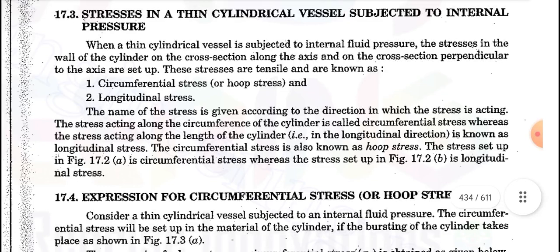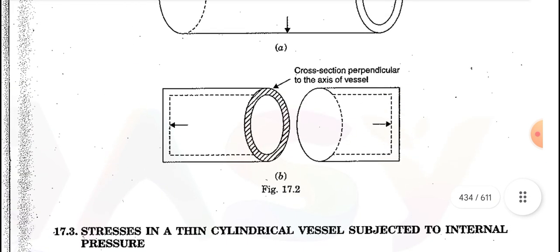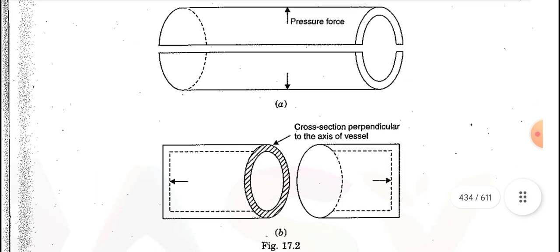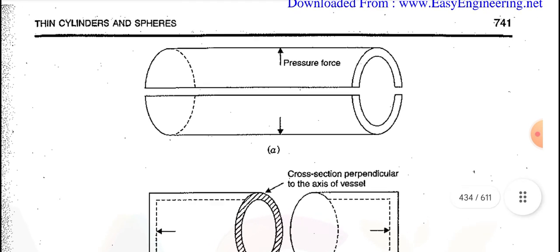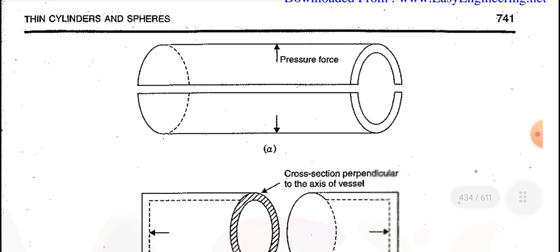When the stress is acting along the circumference of the cylinder, that is the circumferential stress. This is figure A, which represents the circumferential stresses.